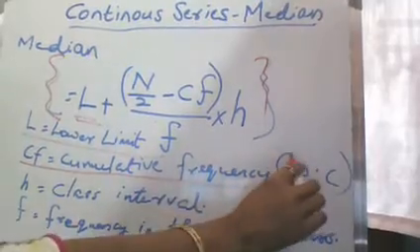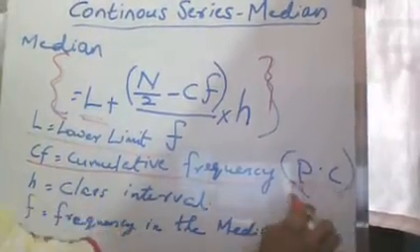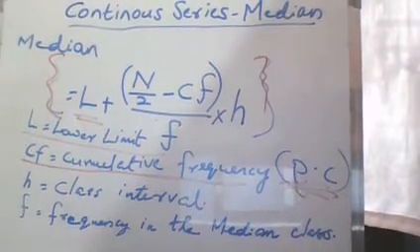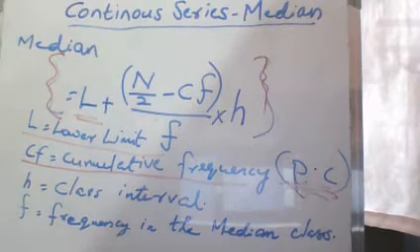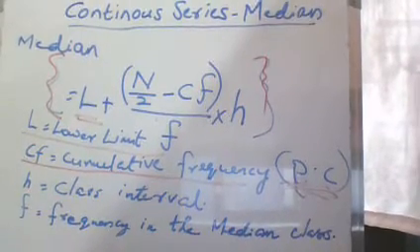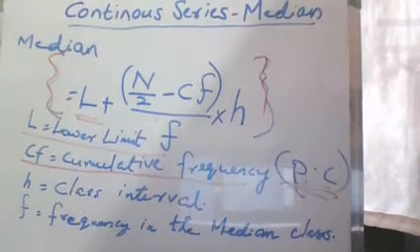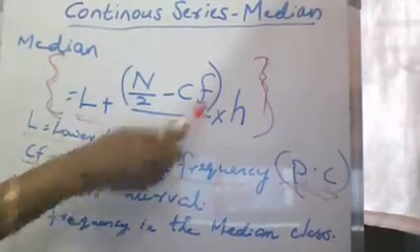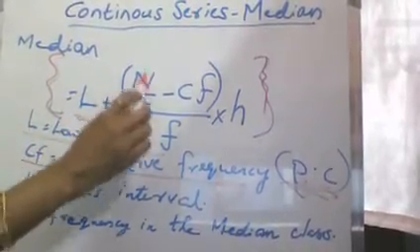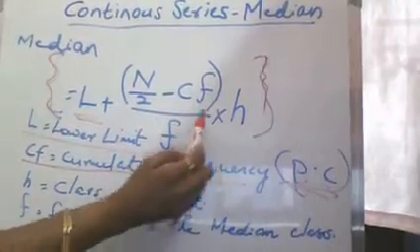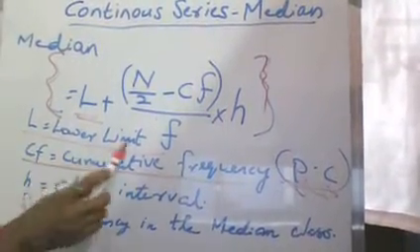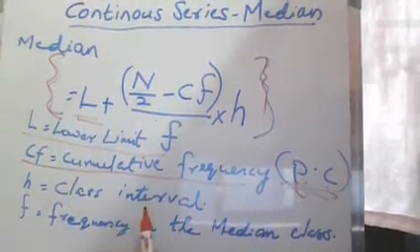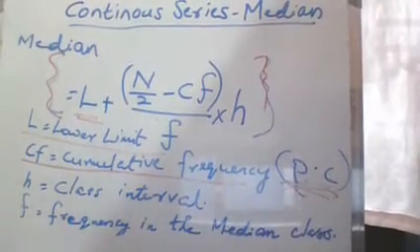So L plus n by 2 minus CF divided by frequency into H: L is the lower limit, CF is the cumulative frequency of the preceding class, H is the class interval, and F is the frequency.